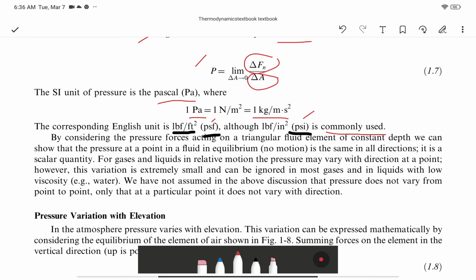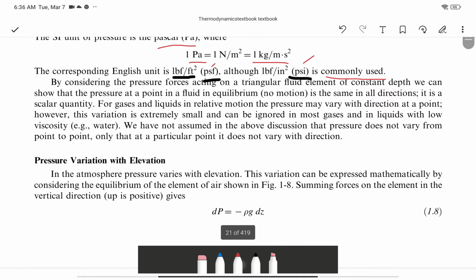Okay, by considering the pressure, okay, acting on a triangular fluid element of a constant depth, we can show that pressure at a point in a fluid at equilibrium, no motion, is the same in all directions. It is a scalar quantity.